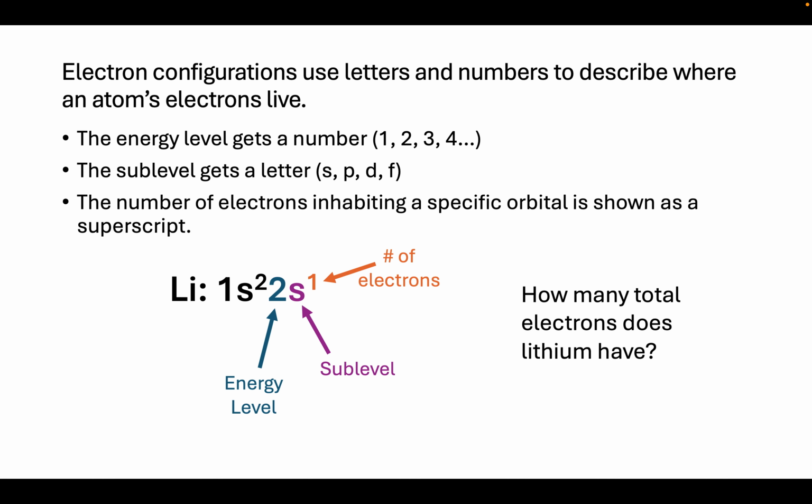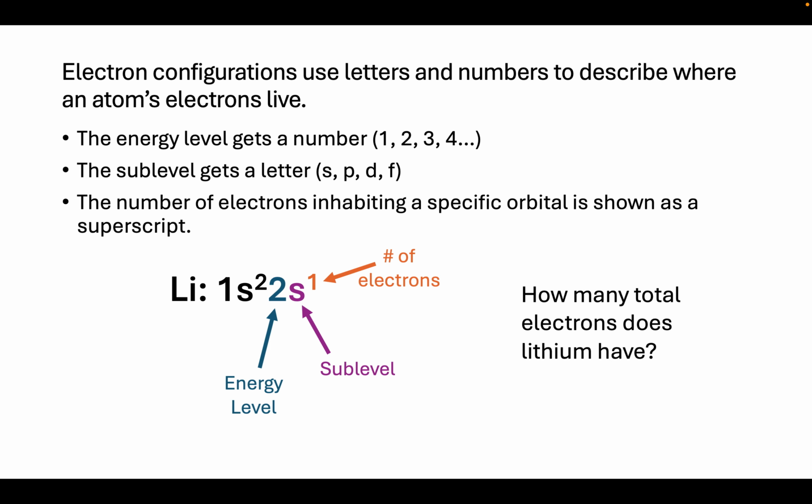Looking down here at lithium, that little number where the exponent would be, the superscript, describes the actual electrons. So how many electrons does lithium have? You just add up all the superscripts, and it has 3, which if you look in your periodic table, you'll see is correct. The other parts are just describing where they are.